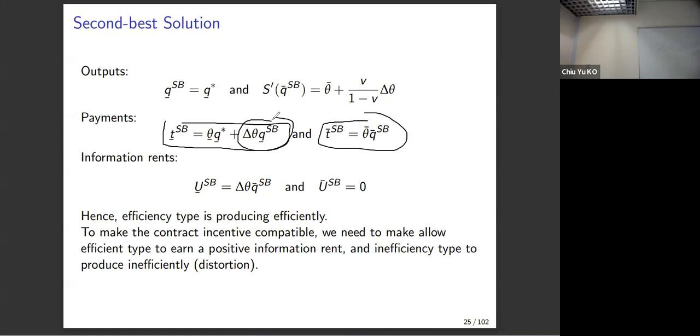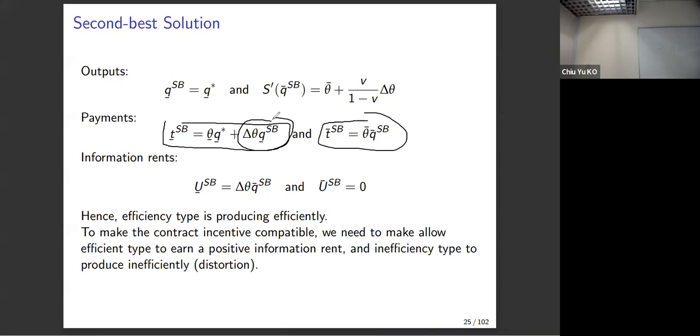The result is always like this. Let me repeat the statement. The high type, or the most efficient type, more efficient type, extra surplus. Okay, there's some rent, being efficient, because I always can pretend something else. Okay, and when the firm want to make sure that the best type, the more efficient type, would do efficient thing, and to make them not to pretend, then have to make the inefficient one more inefficient.